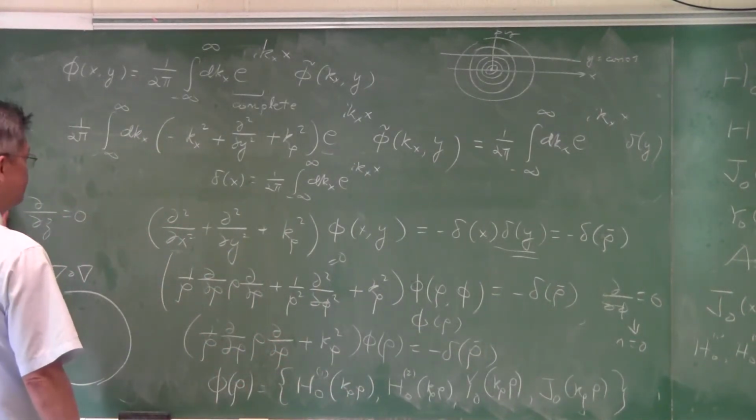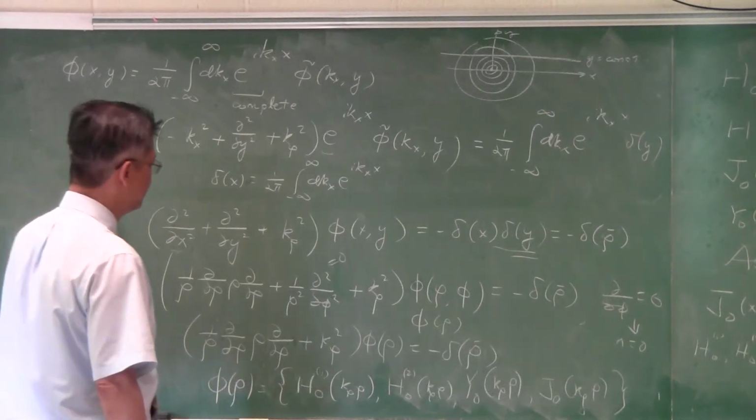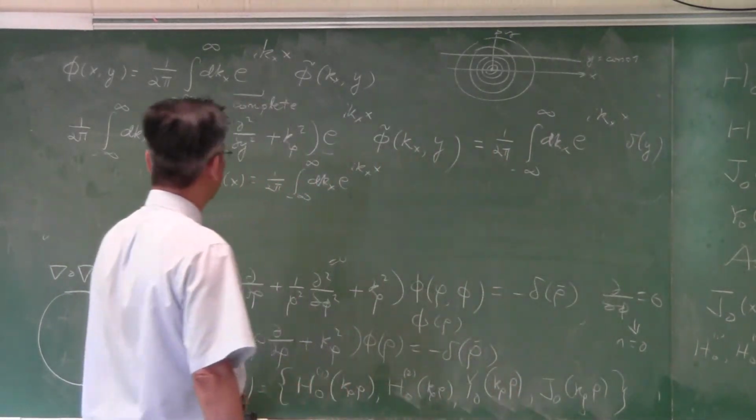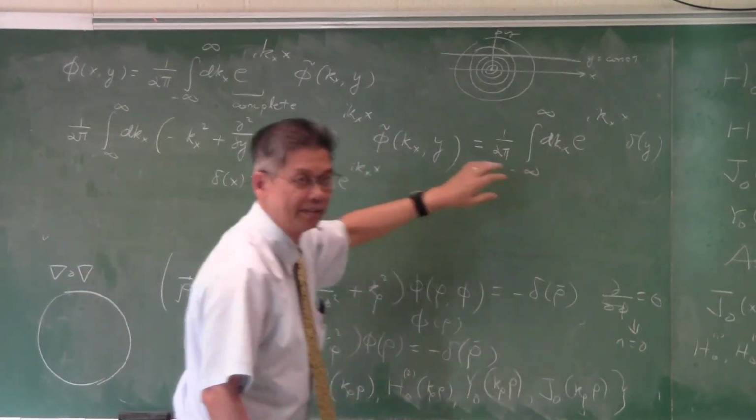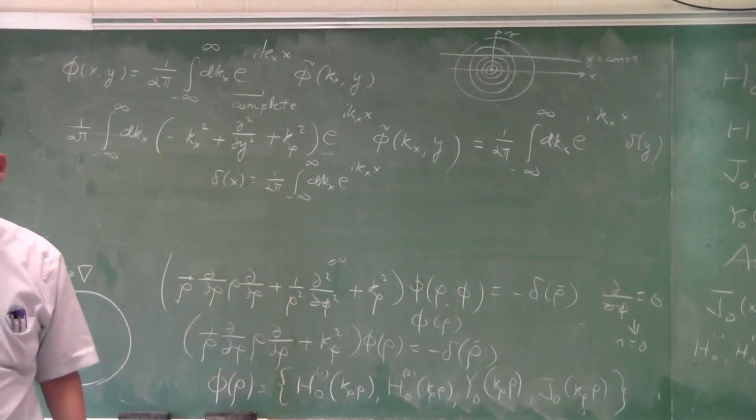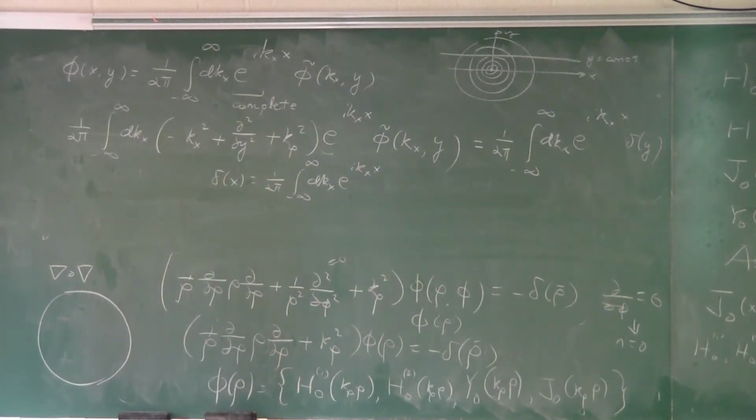If I have this now and I have two things equal to each other, with two Fourier transforms equal to each other, when can I say that the integrands are equal to each other? We have two integrals, and these two integrals are equal to each other.